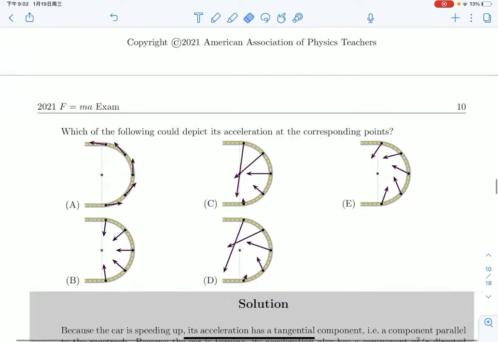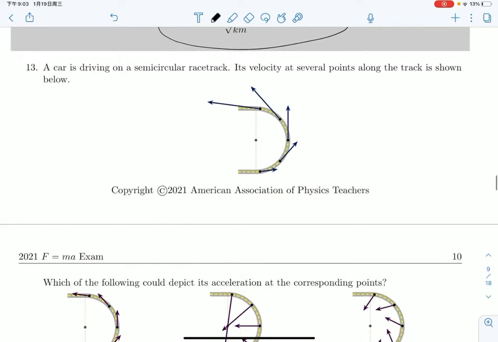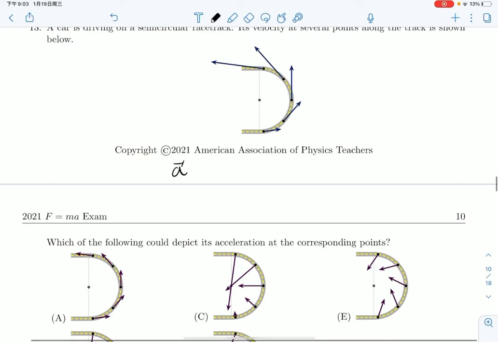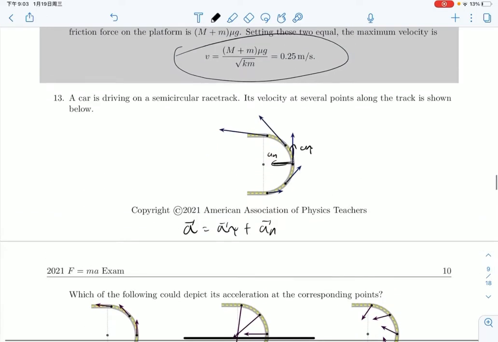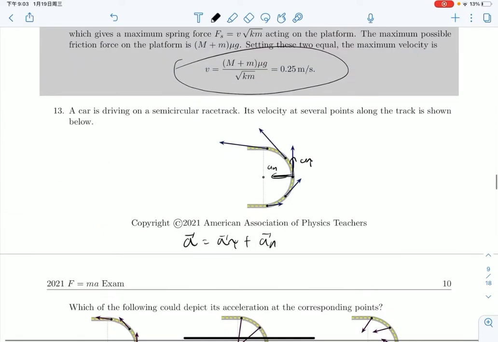And now question 13 is also easy. So you will need to know the total acceleration is equal to the tangential acceleration plus the acceleration in the normal direction. And we call this a_N, and this a_tau.